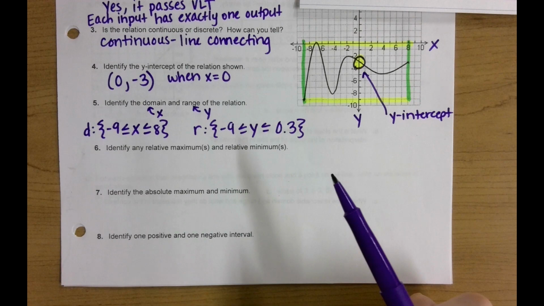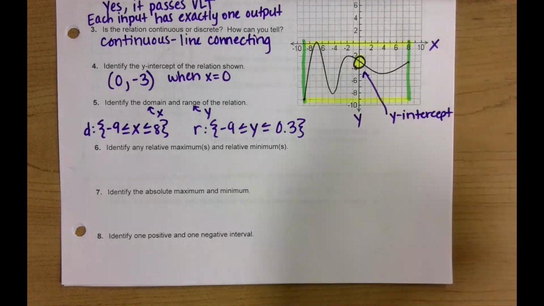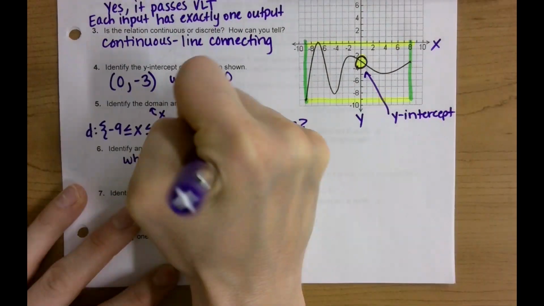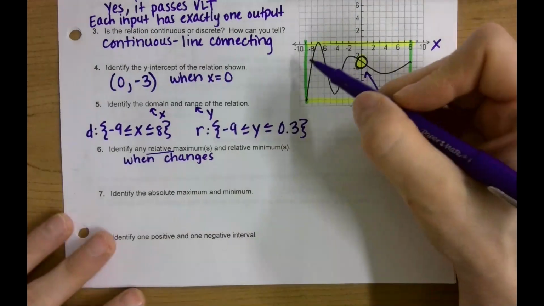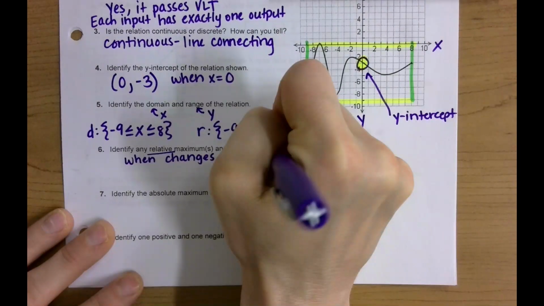Also visualize it. Number 6, identify any relative maximums and relative minimums. So relative is when it changes direction, not at an endpoint. Like here, it's only going to start increasing. If it's a maximum, it goes from increasing to decreasing.